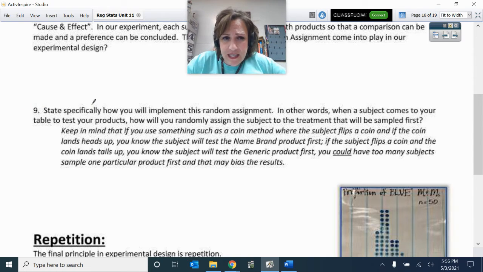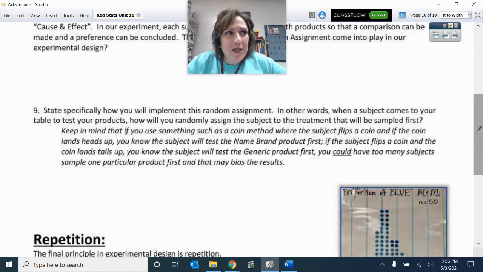State specifically how you will implement this random assignment. In other words, when a subject comes to your table to test your products, how will you randomly assign the subject to the treatment that will be sampled first? Ding, ding, ding. That's the clue.